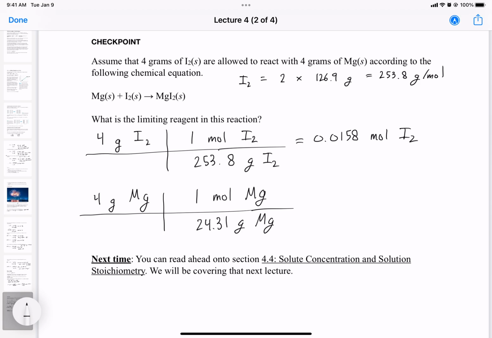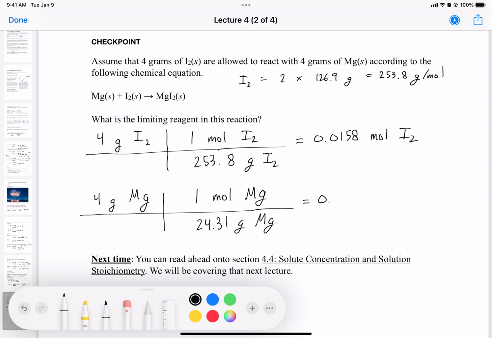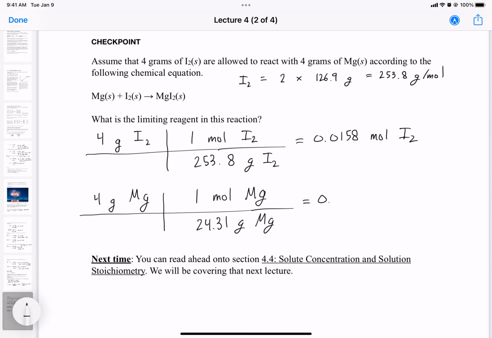And if we divide 4 by that number, we get 0.0165 moles of magnesium.